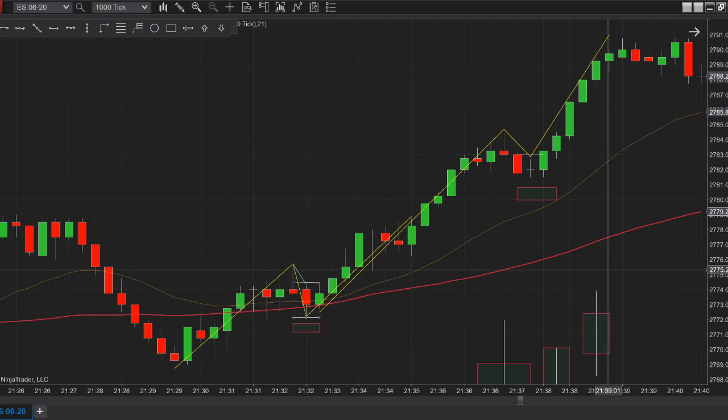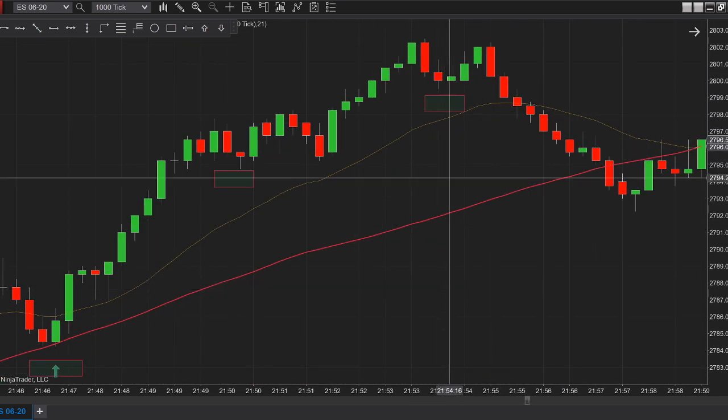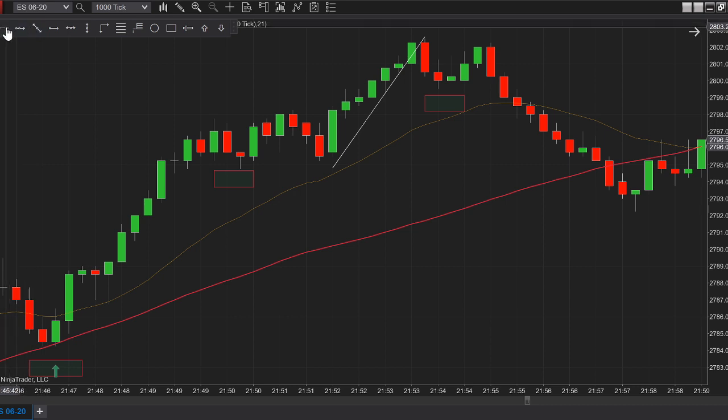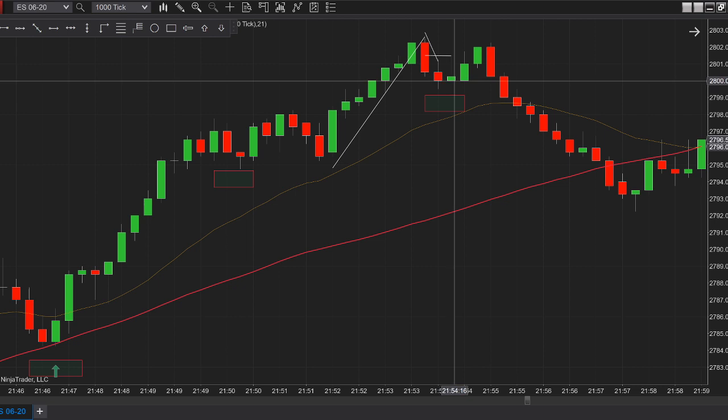Okay, let's take an example of where it would have saved you. So here again, let's say you would have entered this, the price goes up. It's an impulse move, then it retraces. You put your buy stop above this candle. The trade triggers because this candle goes above this one.